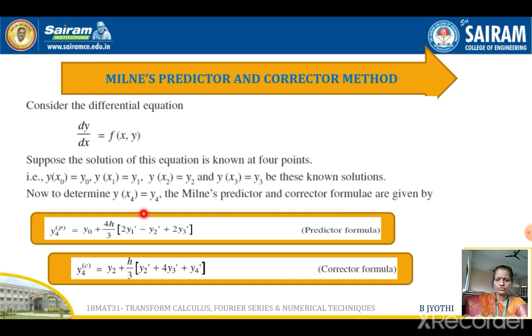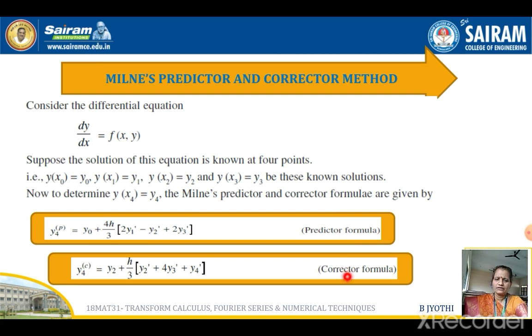Now let us look into the modified Euler's formula. It's given by y1 of 1 is equal to y naught plus h by 2 into f of x naught, y naught plus f of x1, y1 of 0, where y1 of 0 is obtained by Euler's formula.